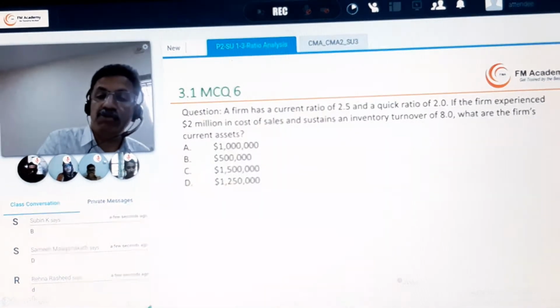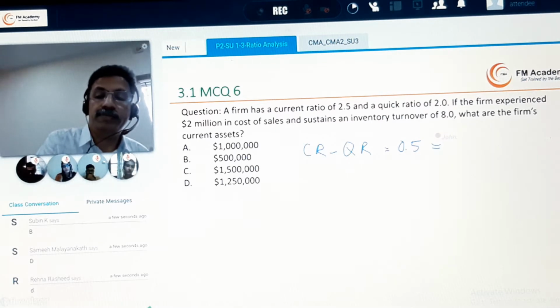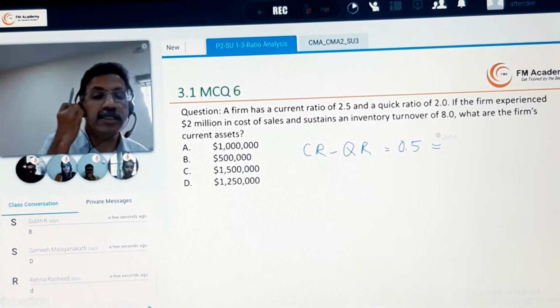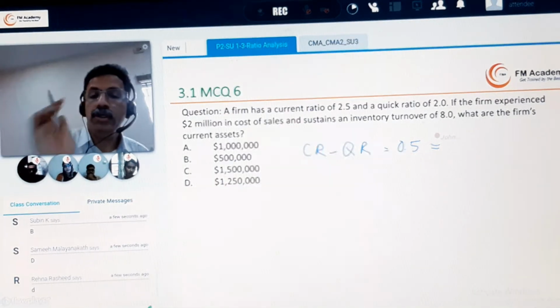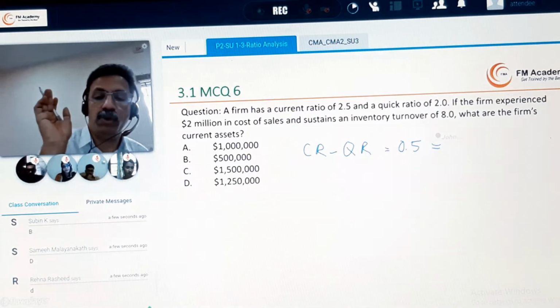The firm has a current ratio of 2.5 and a quick ratio of 2.2. That means current ratio minus quick ratio is equal to 0.5. So what was the relationship I told you?